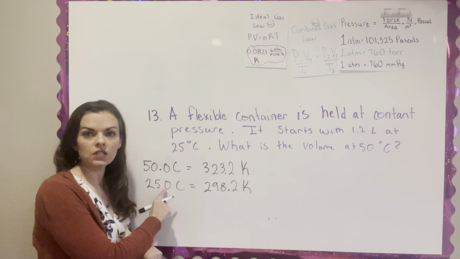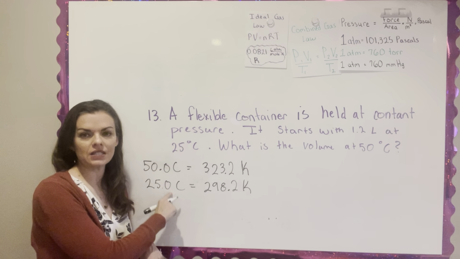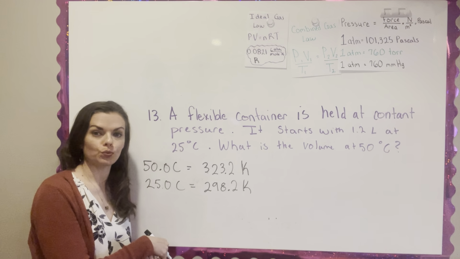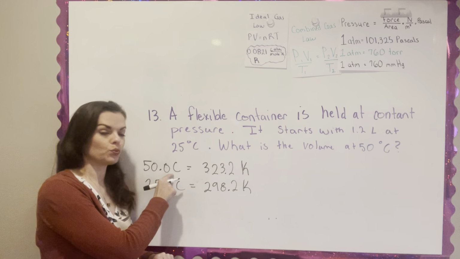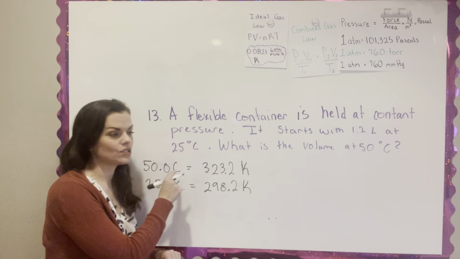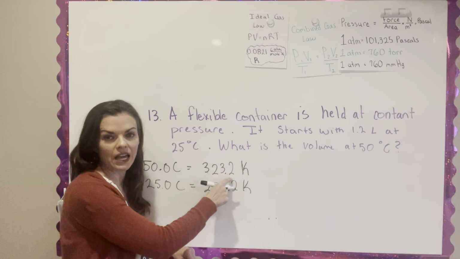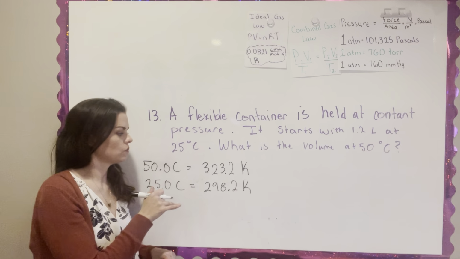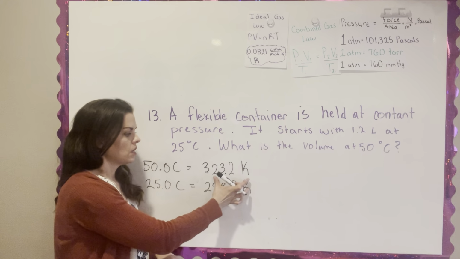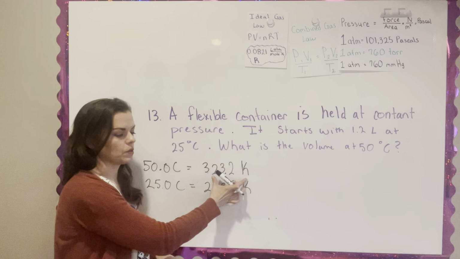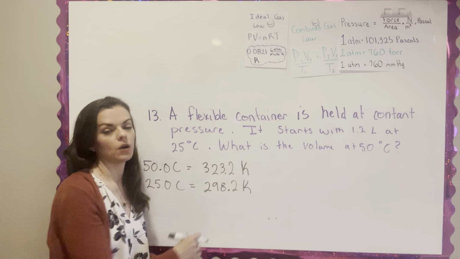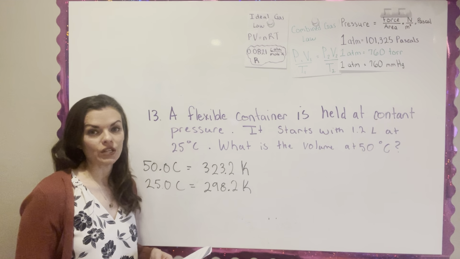When I'm doing significant figures with measurements and I'm adding or subtracting, I do it to the least precise, and the least precise has a tenth, so my answer is only going to have a tenth. This is from the first chapter if you're confused on it. But my 50 degrees becomes 323.2 kelvins, and 25 degrees becomes 298.2 kelvins.